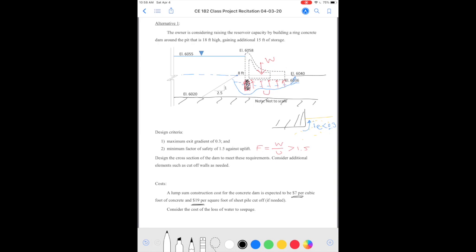Okay. In addition to that, you are going to lose water to seepage underneath the dam, right? So we have to calculate that amount of water and do it per year. And you know that the value of water is $10,000 per square foot. So you can convert that into whatever amount it comes per year.